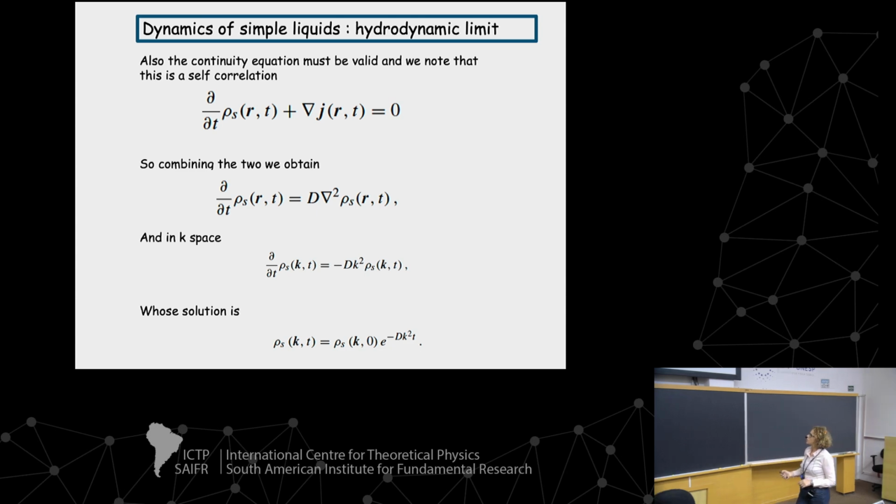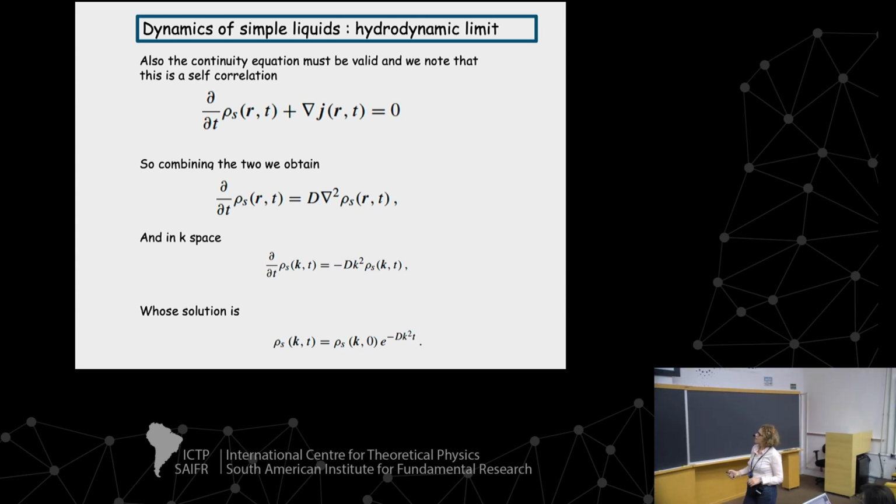The exponential decay here is of the type e to the minus t, and of course this is adimensional, so this must be the inverse of a time, okay? So I define 1 over Dk² as the relaxation time of my system.